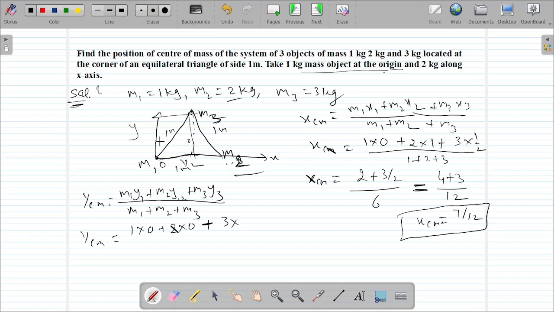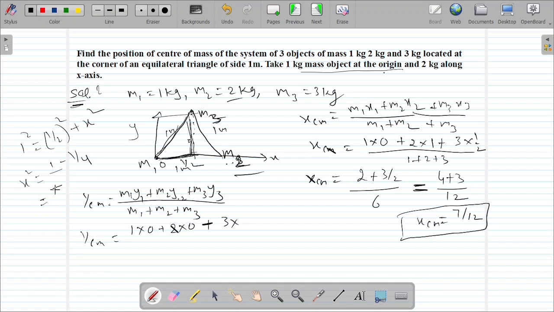What is the distance from here? This is 1. So this is 1 by 2, this is 1 by 2, this is 1. So 1 square equals 1 by 2 whole square plus x square. So x square equals 1 minus 1 by 4, so 4 minus 1, that is 3 by 4.